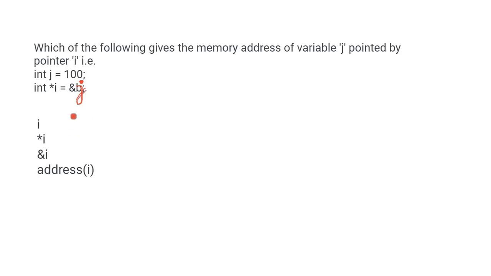Just pause the video and try it out. So the correct answer would be I. I is a pointer. It has the address of j stored in it.